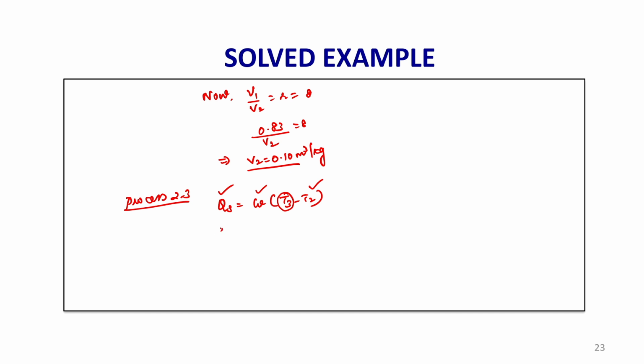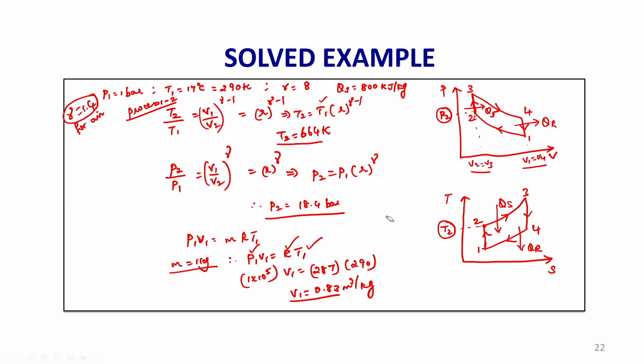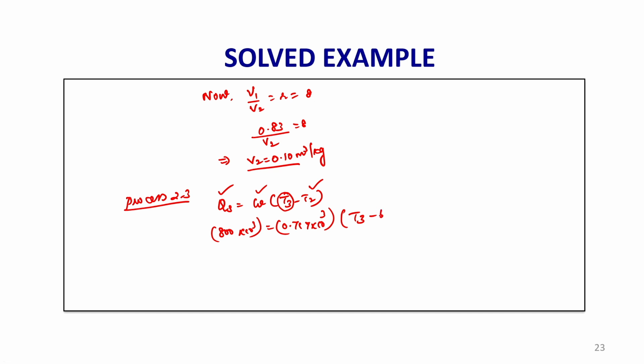So, Qs is 800 into 10 power 3, Cv is 0.717 into 10 power 3, into T3 minus T2. Let me see what is the value of T2. T2 we have found out as 664 Kelvin. So, using this formula we can find T3.